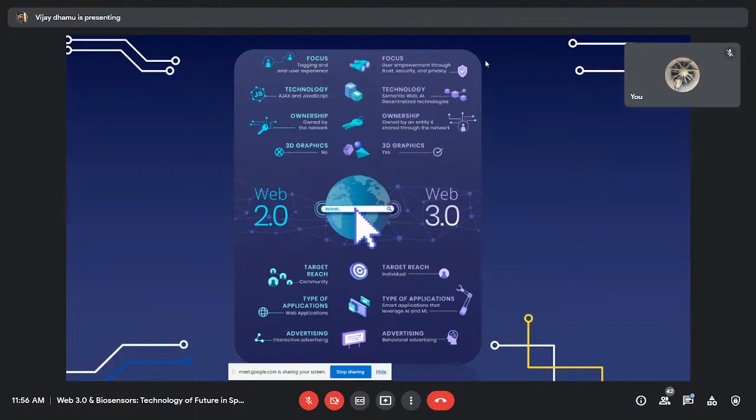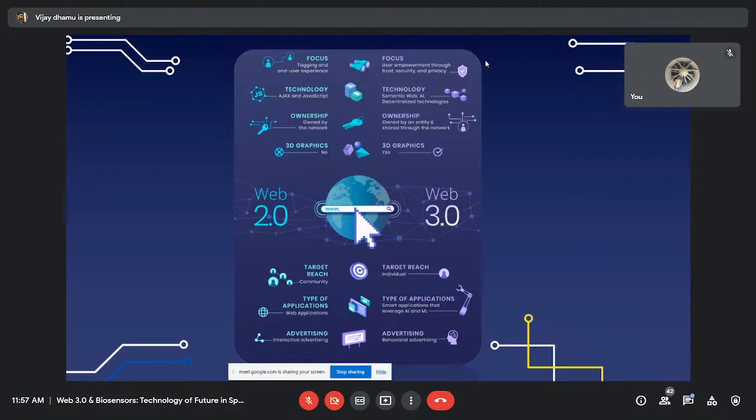And applications: we had web applications in 2.0. Now it will be smart applications, where the website will evolve dynamically based on the data that we feed, or the data they collect from us. And interactive and behavioral advertising is similar.